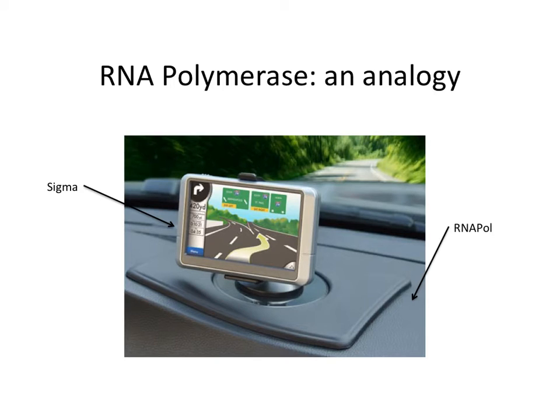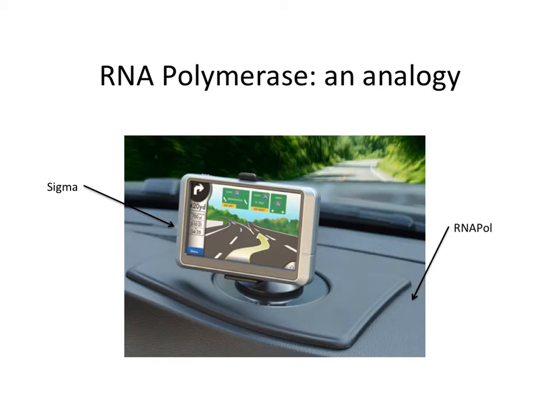I'm sigma factor. I bind to part of the chromosome, and then I grab RNA polymerase and say, hey, get over here. And so sigma factor recognizes the DNA sequence and binds to it. Another part of the sigma factor protein physically binds to RNA polymerase and says, hey, there's a gene here, it needs to be transcribed. So that's what sigma factor does.